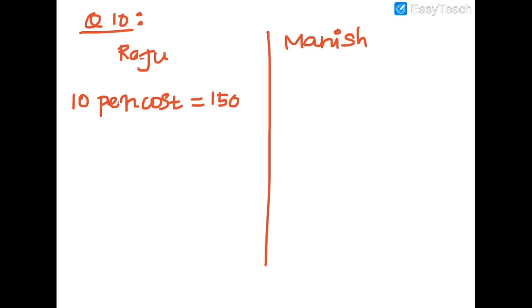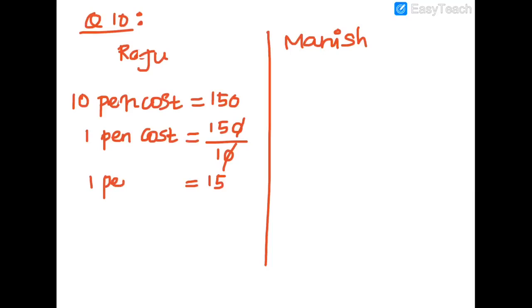So 1 pen cost is 150 divided by 10. This 0 will cancel, so we get 15. So this is for 1 pen. So 1 pen cost is 15 rupees.